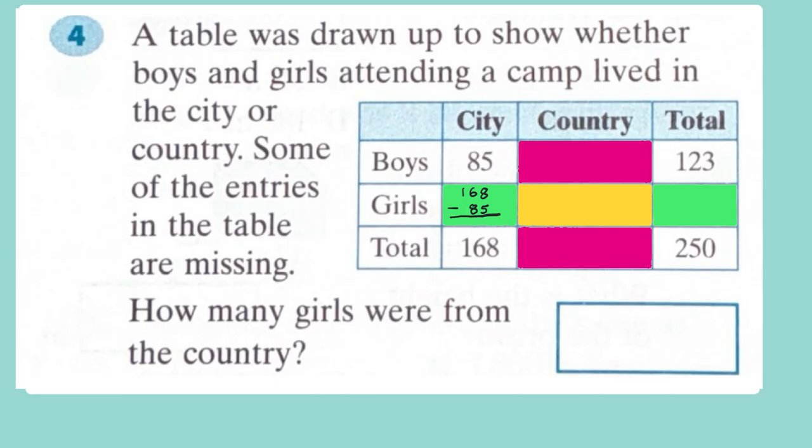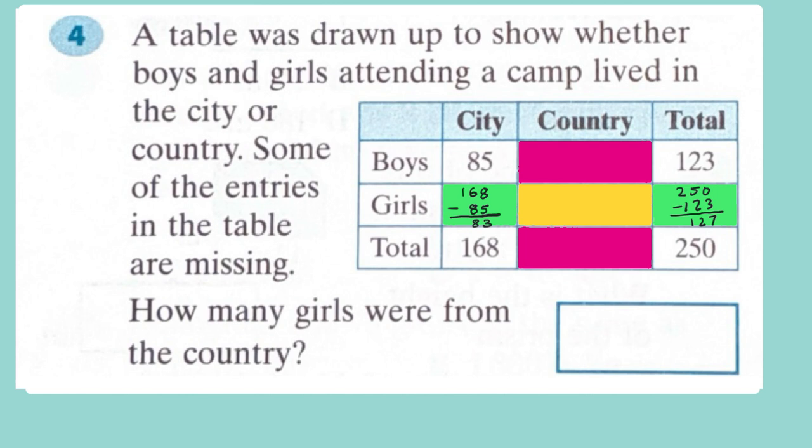So in the first green cell, if we take away 185 from 168, we'll get 3, and 16 from 8 is 3. So 83 girls are in the city. In the other green cell, we'll take 123 from 250, and that will be 127 girls total.